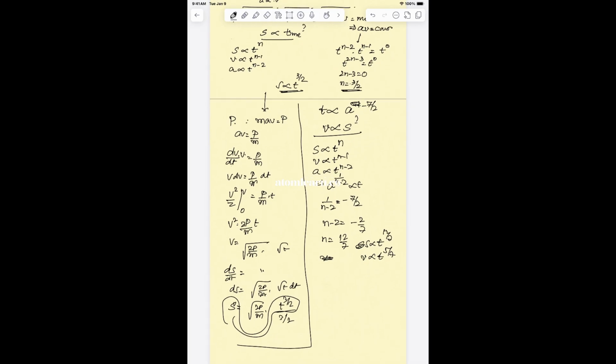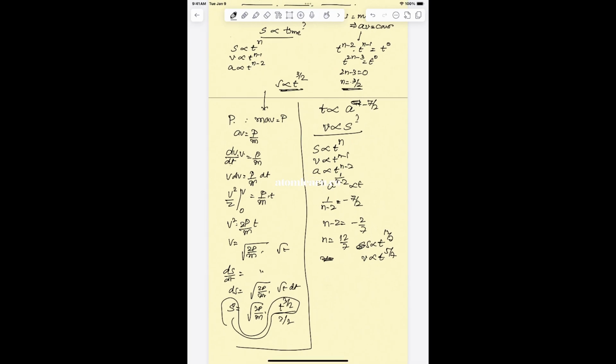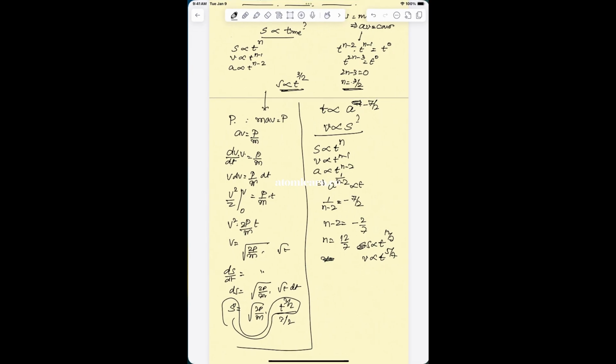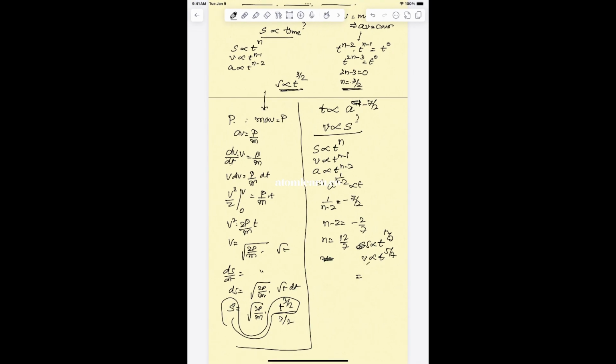And therefore, velocity is proportional to t power 12 by 7 whole power 5 by 12. That means velocity is proportional to s power 5 by 12. This is the answer. Okay, understood?